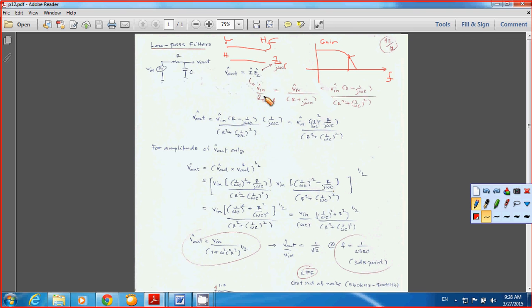You know that the impedance of your capacitor is simply 1 over j omega C. When you have higher frequency, that means this term is large, and this term is going to become small.